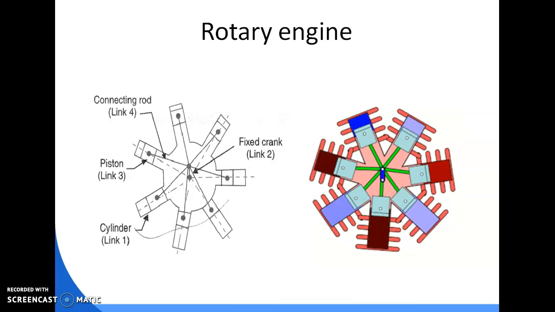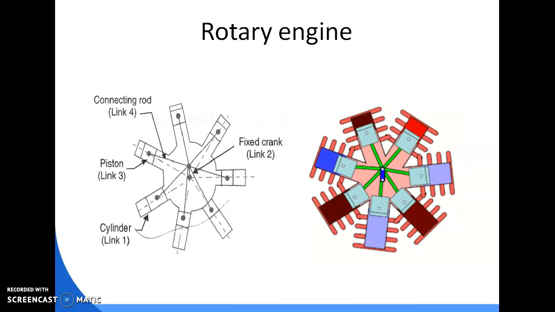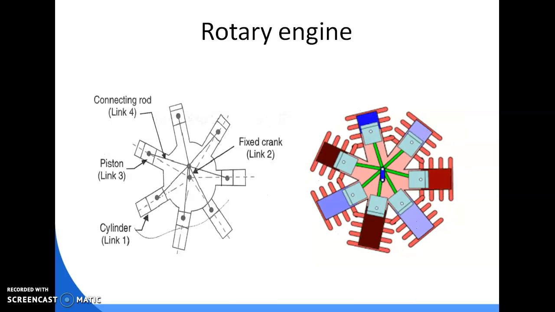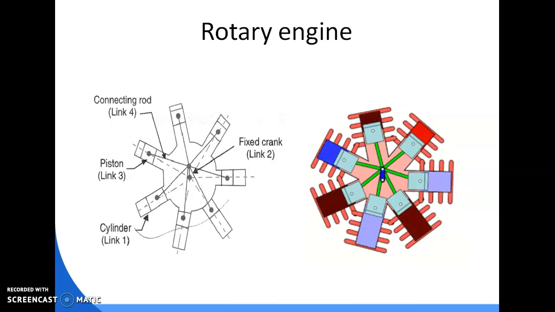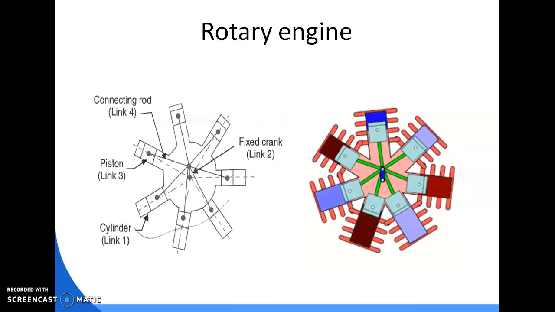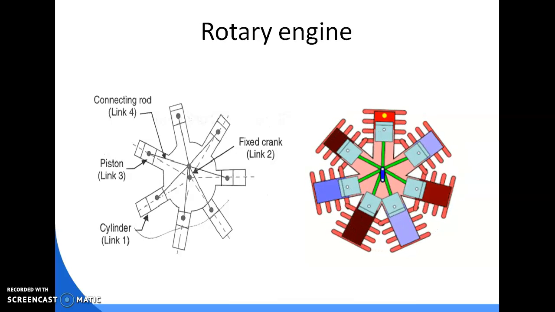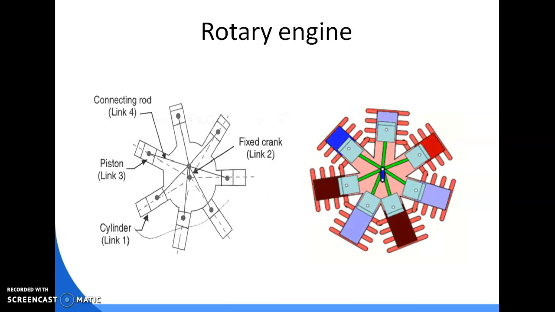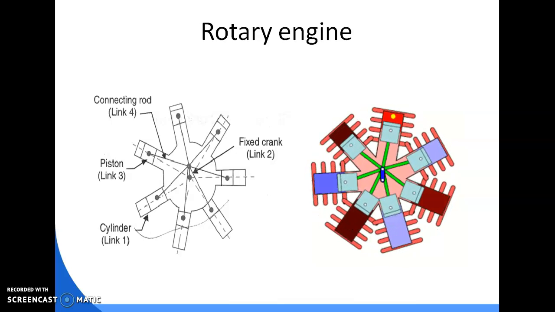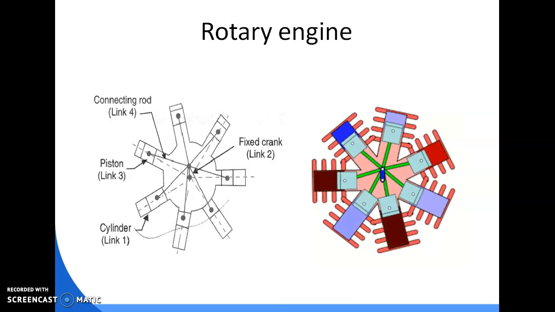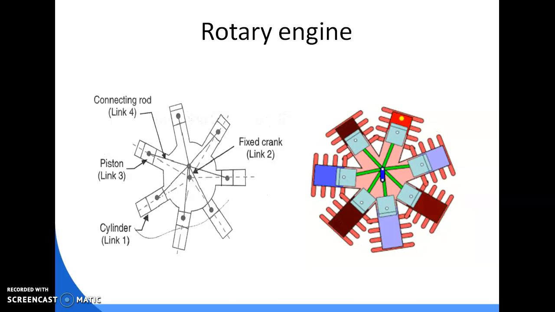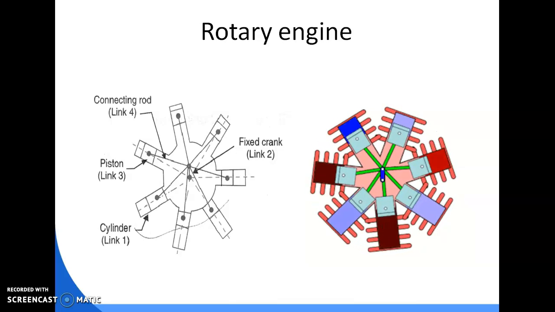Here, when the connecting rod, that is link number 4, rotates, the piston, that is link number 3, reciprocates in the cylinder, forming link number 1. This rotary engine is used in different automobiles like racing cars.